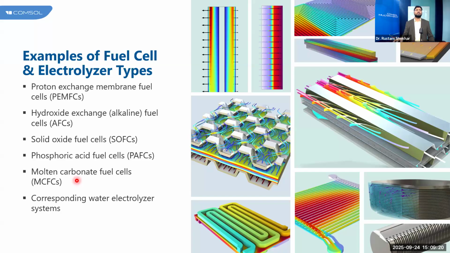There are two technologies, SOFCs and MCFCs, that operate at higher temperature, whereas the other technologies operate at lower temperature. The technologies operating at higher temperature have their own pros and cons, and the technologies operating at low temperature also have their own pros and cons. So when one device comes with its own properties and problems, we have to tackle those problems to make that particular device more efficient.